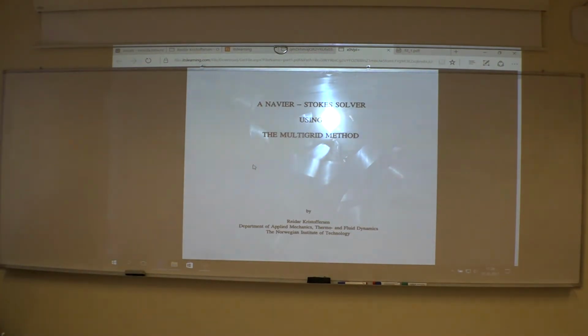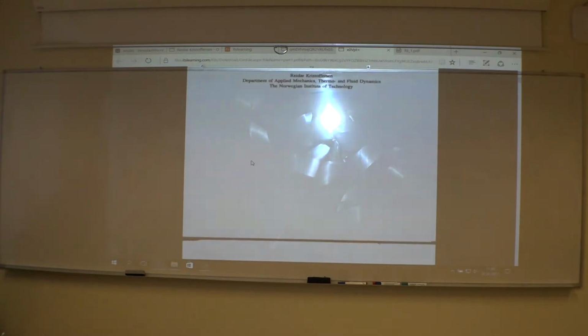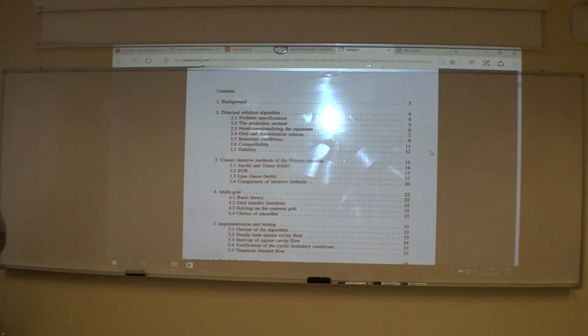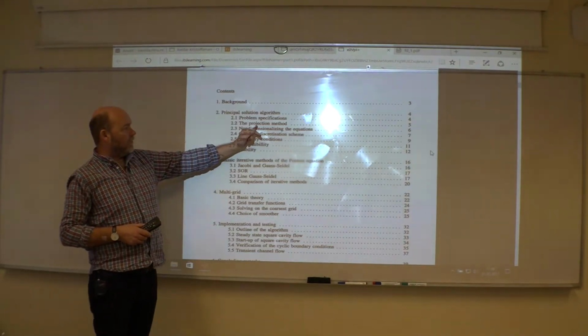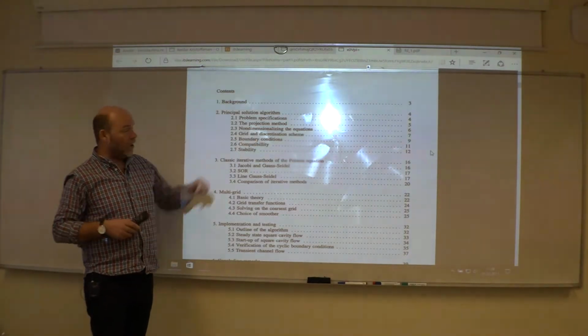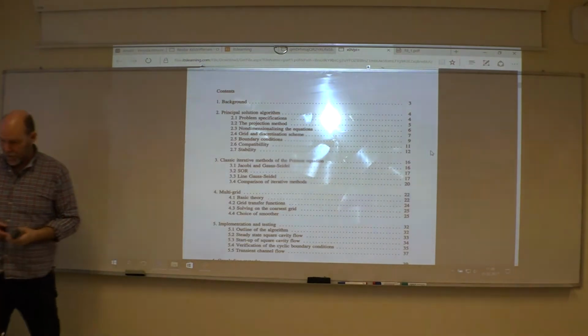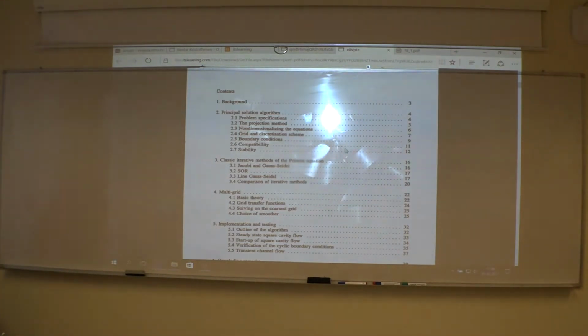It's the basis behind this Sula algorithm. And here you can then find this projection method, which I'm now going to address. So you have it here already, so you don't have to take notes if you don't want to.